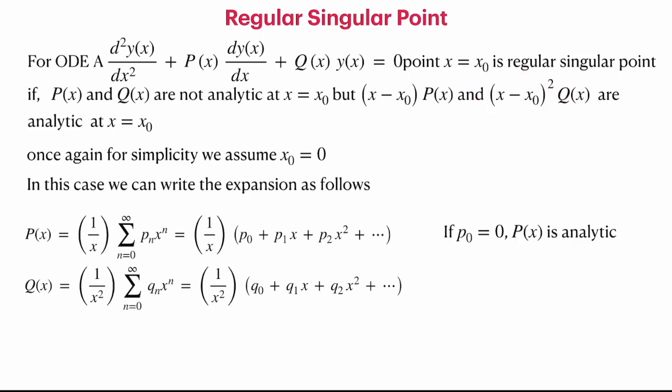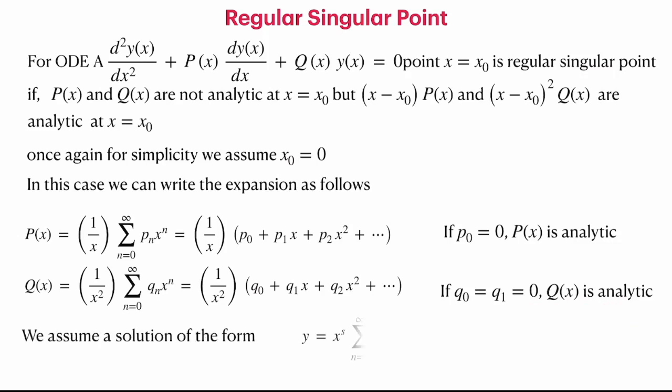So we express q of x as 1 over x square into the sum over n going from 0 to infinity, q n x to the power n, or explicitly as 1 by x square into q0 plus q1 into x plus q2 into x square, and so on. Now here we notice that if q1 is equal to 0 and q0 is 0, then q of x is analytic at the point x is equal to 0.